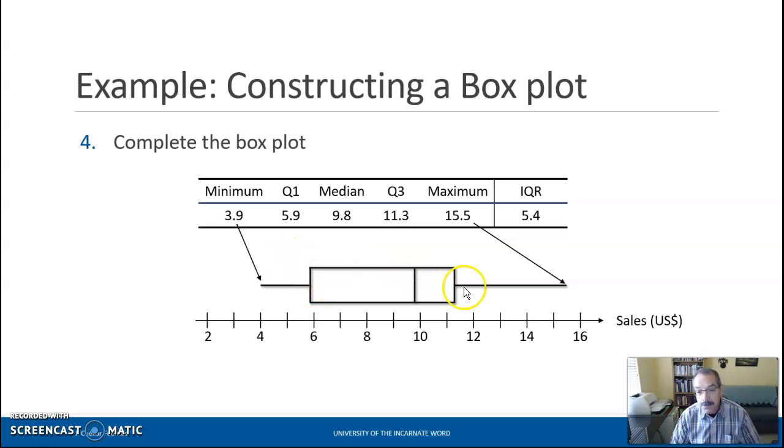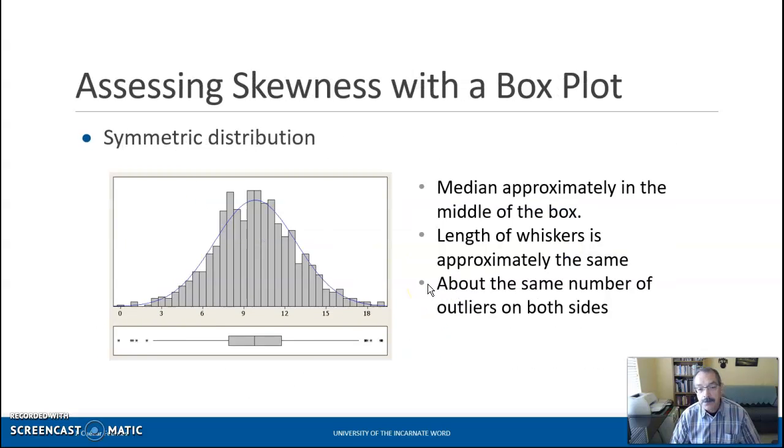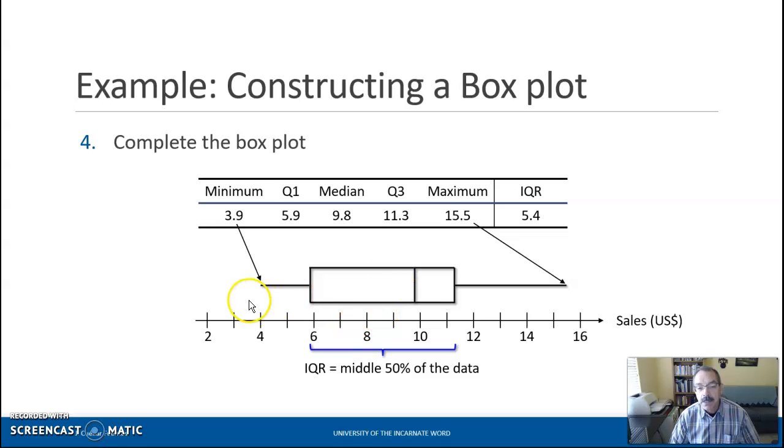The size of the box tells us the interquartile range. In other words, this is a measure of variability. The size of the box tells us how variable the data is. And also, you know from the previous section that the size of the box represents the middle 50% of the data. And the whiskers give you an idea of the range of the data.